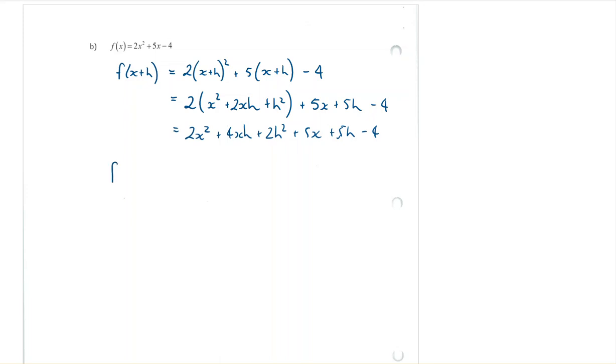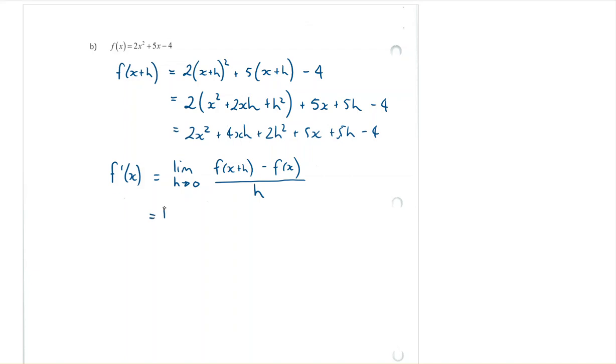Let's write it down again because I want you to memorize it. So f dash x, which means derivative, equals the limit as h approaches 0 of f of x plus h minus f of x all over h. Okay, sub into that formula.